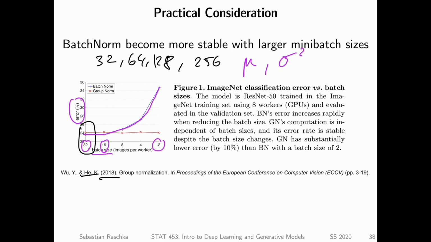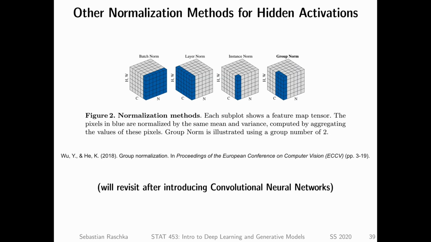Related to that paper, I think I mentioned in the very first slide that there are other related techniques related to batch norm. I just want to briefly cover this. We may revisit this when we talk about CNNs. There are three other techniques: layer norm, instance norm, and group norm. This figure is taken from the group norm paper by Kaiming He and Wu. Here we see a comparison based on a batch of images.